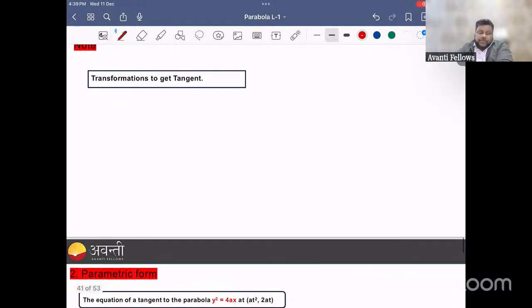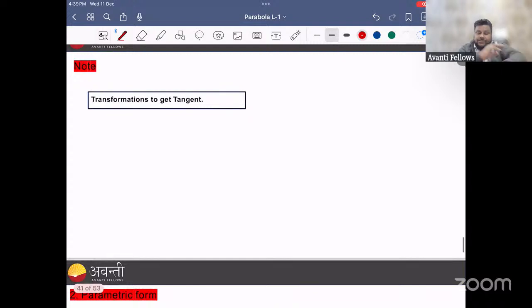Now, transformations to get the tangent. See, if we have a parabola (y minus 2) whole square equals 4a times (x minus 1), what do we do?